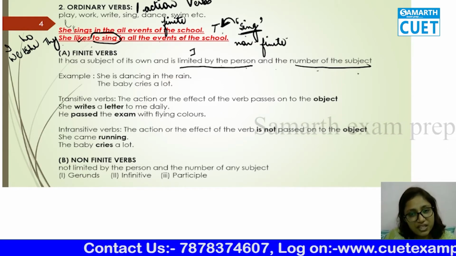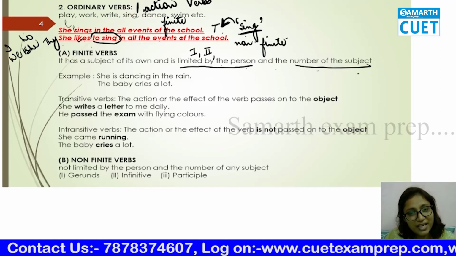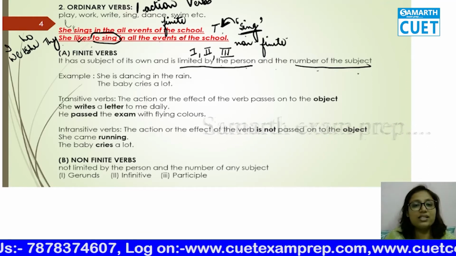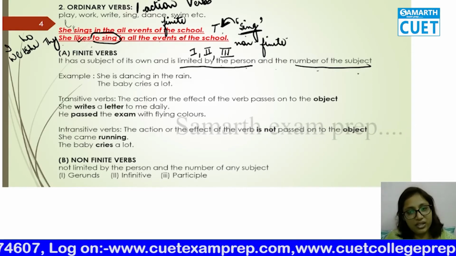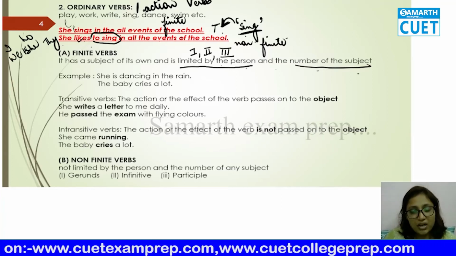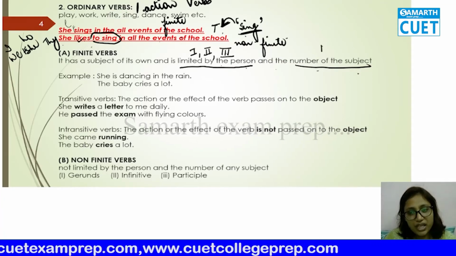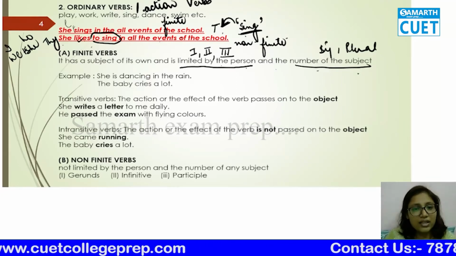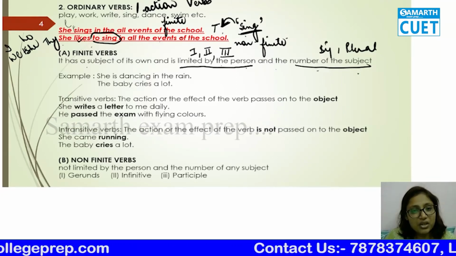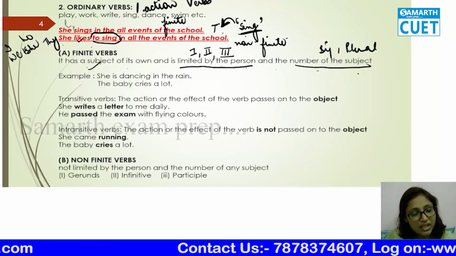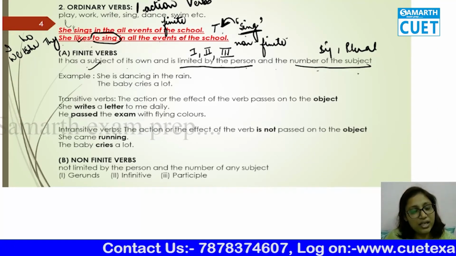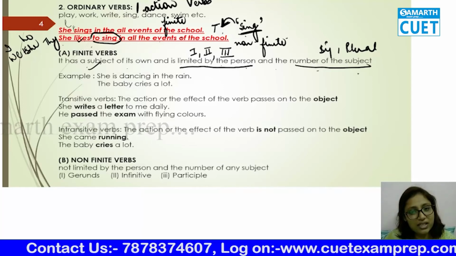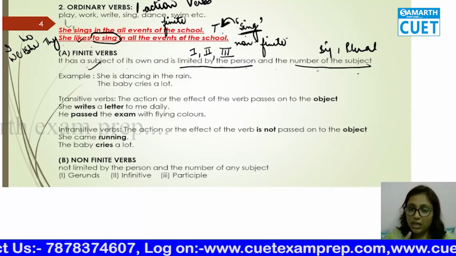If it was first person, it was different. If it was second person, it was different. If it was third person, it was definitely different. And number also, if it is singular or plural, right? So finite verbs change according to the subject they have, they are limited and dependent on the person and the number of the subject, right?